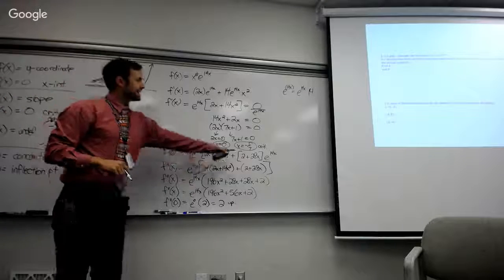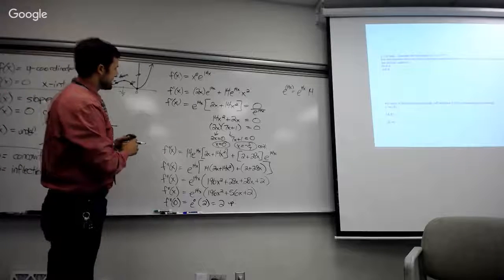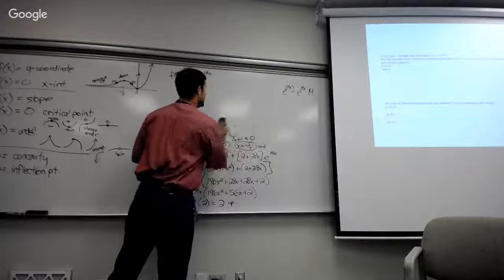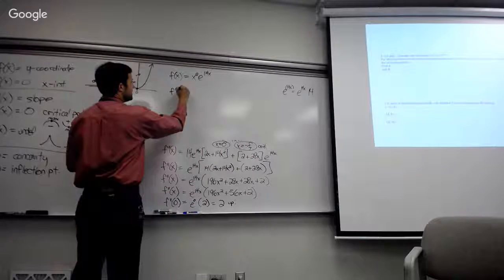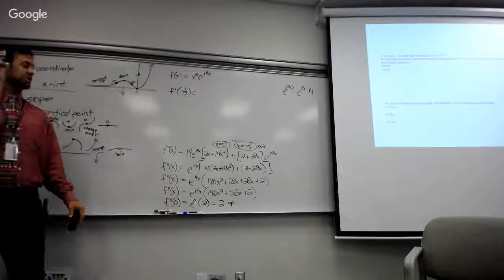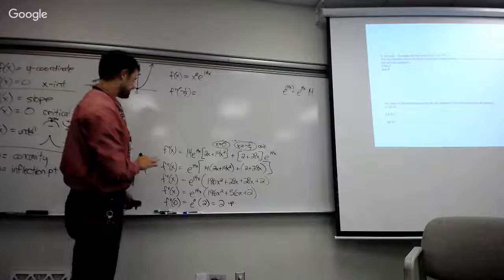Okay, so what about plugging in -1/7? Now let's see here. I'm going to erase some of my previous work, folks, so I can actually do that computation. So when I plug in -1/7, the second derivative evaluated at -1/7. This is the work you'd have to show me, by the way. You'd have to actually show me plugging the critical number into the second derivative and proving to me that it's concave up.